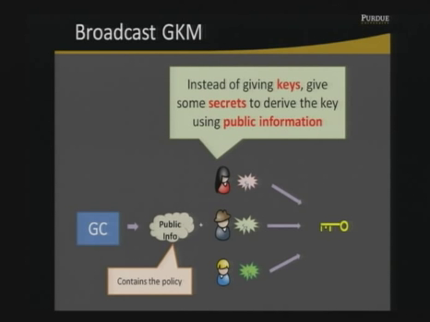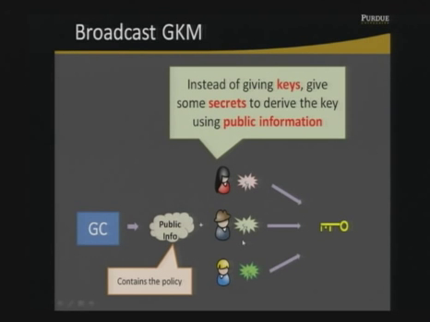So this is how it looks. You have the users Alice, Bob, and Tim. Say each user has a single attribute. Let's not worry about multiple attributes here. For each attribute, they get a secret from the group controller.